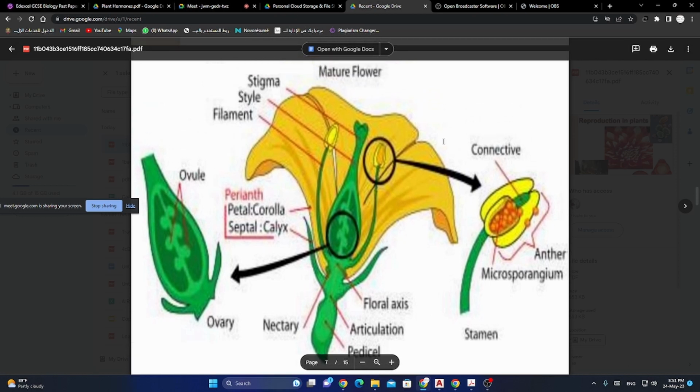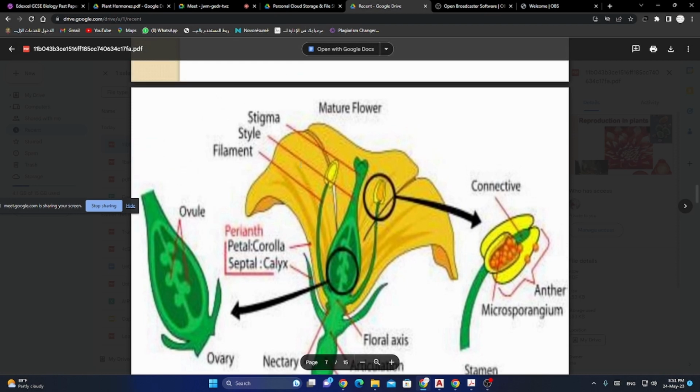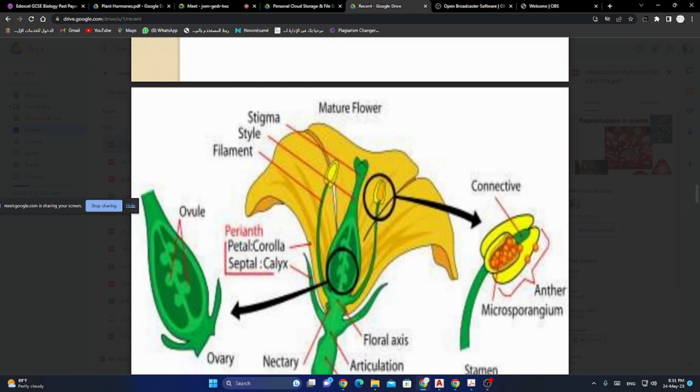Right now, we're only going to be concentrating on the stamen and the carpel. So, first, you have the stamen. The stamen has two important parts at least. You have the filament, which holds the anther upright. Then you have the stigma for the female part, the style, and the ovary.